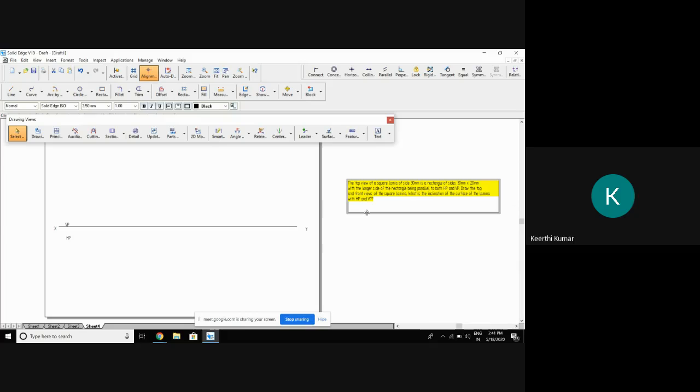So what is given? The top view of the square lamina of 30 mm is a rectangle of 30 into 20. That means in the top view, that means in HP, the square lamina is looking like a rectangle. So what is the first condition?